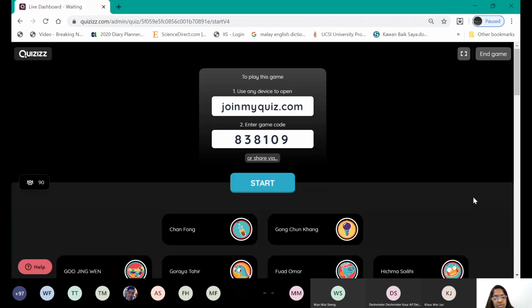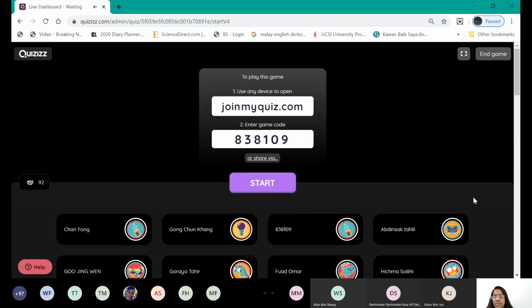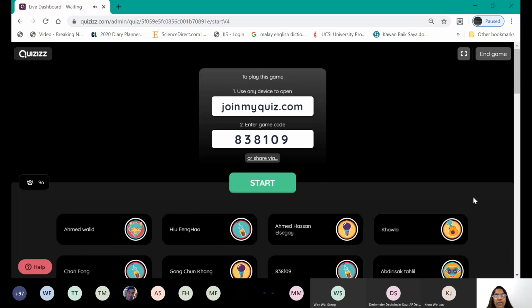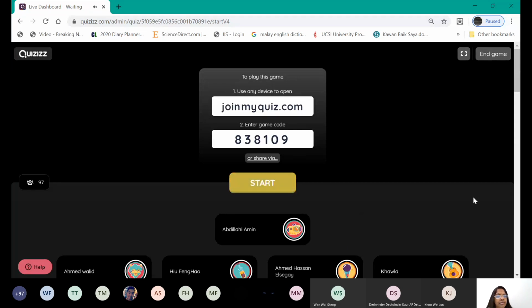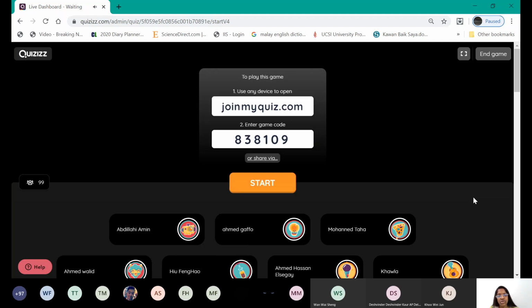We are on good timekeeping. Can you see the code? Yes. 10 more people, then I start. You're 110 today. 10 more people, please join so that you don't miss it.